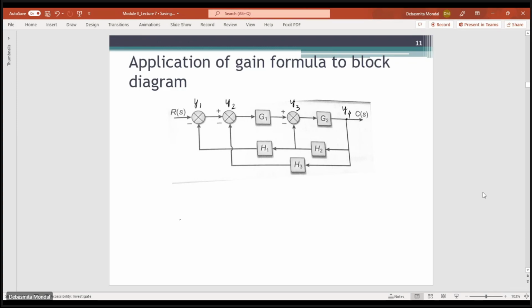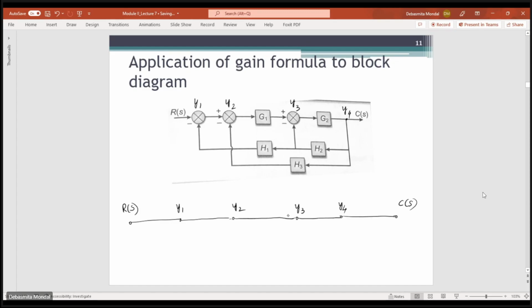If you draw the signal flow graph, you have Rs over here and Cs over here. Then you have Y1, Y2, Y3 and Y4, connected like this.